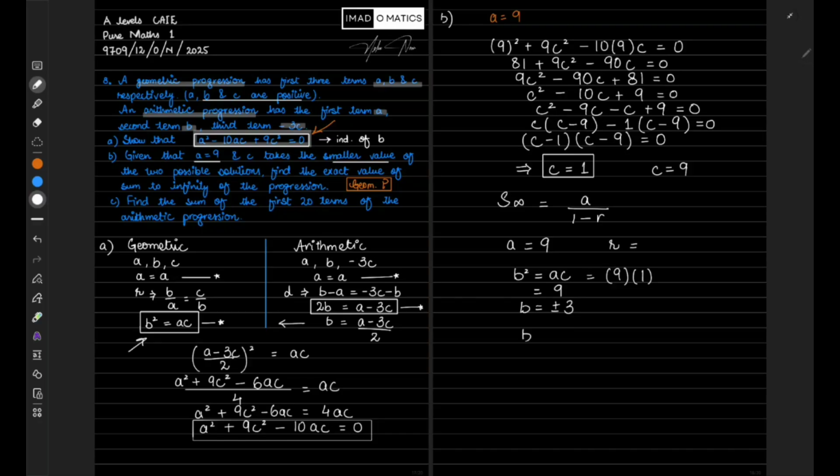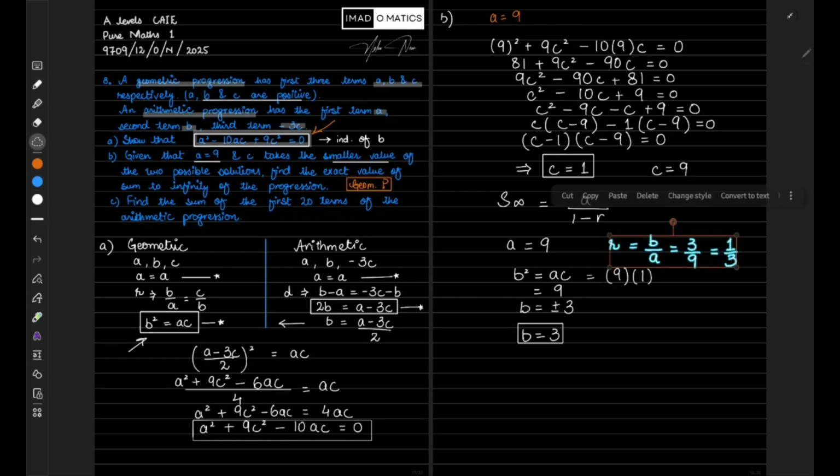So B turns out to be positive 3. Okay. So now we can find the common ratio r. Common ratio r will be B over A. So that will give you 3 over 9, which is 1 over 3.